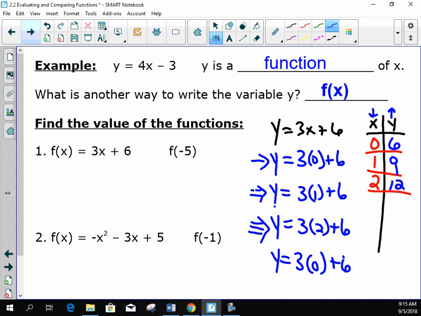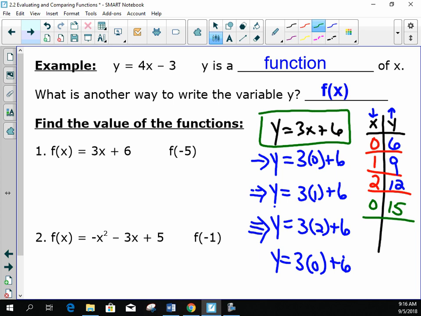So if you see 0, 15, is this a function? No, because you cannot put 0 in for x and get 15. You have to be dealing with something other than a function. A function is going to have y equals mx plus b.